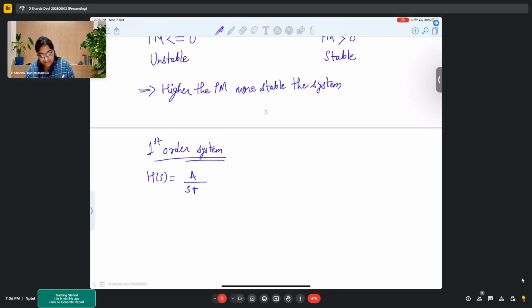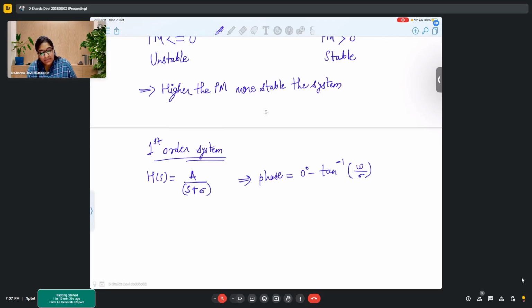S plus sigma, let's say. So how will the phase of the system look? This A introduces a phase of 0 degrees, minus tan inverse because it is in the denominator. So that's why minus tan inverse omega by sigma, right? This is how you will find the phase of the system.